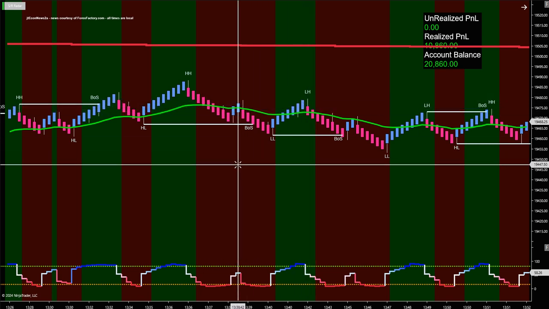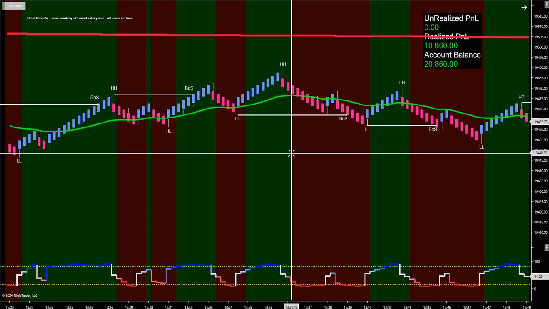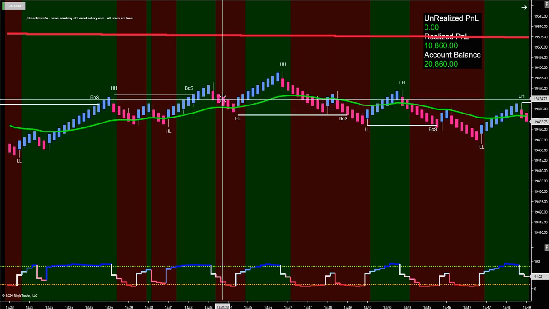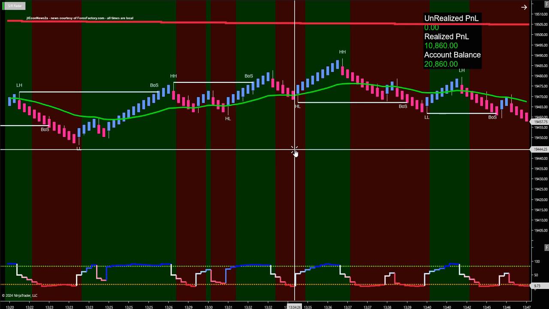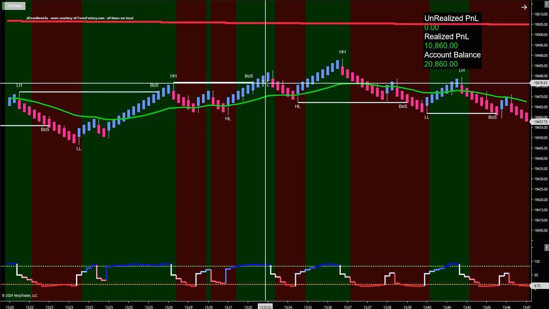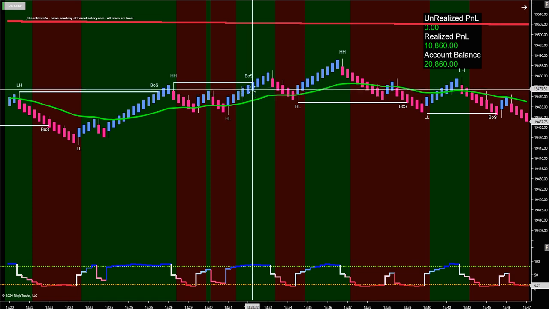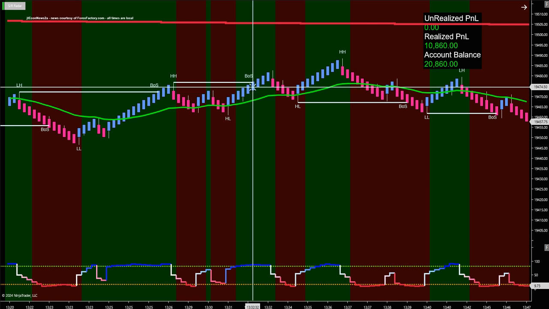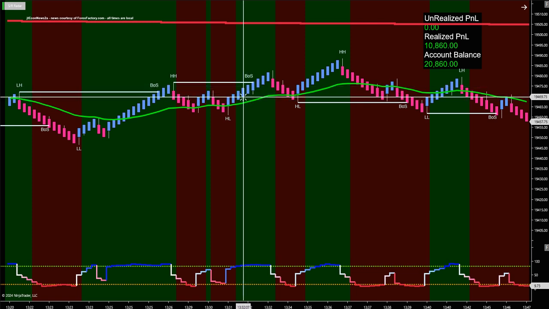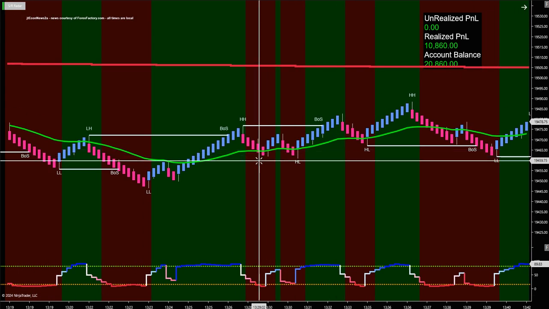I would have got my little 12 ticks in. There's a good one. You would have got your 12 ticks in right as you're hitting that moving average. Here, there's a good one. So you would have entered this trade about right there. There's another wick. I would enter that trade.